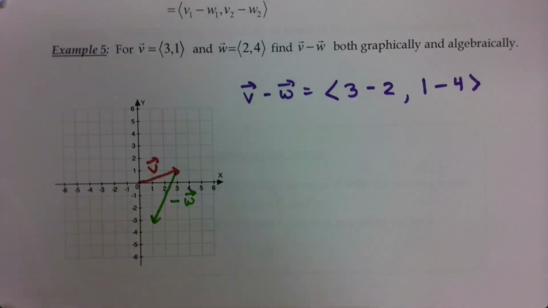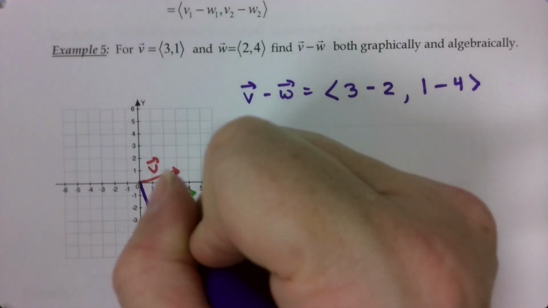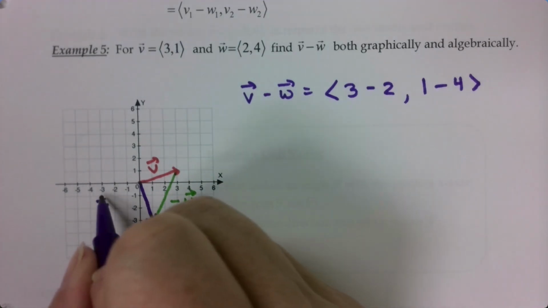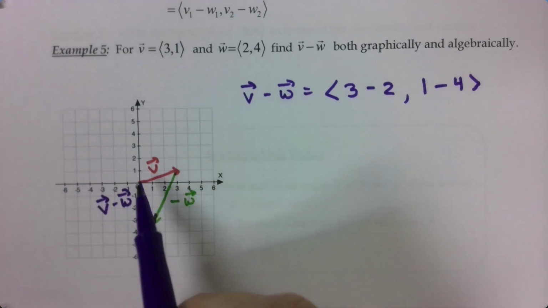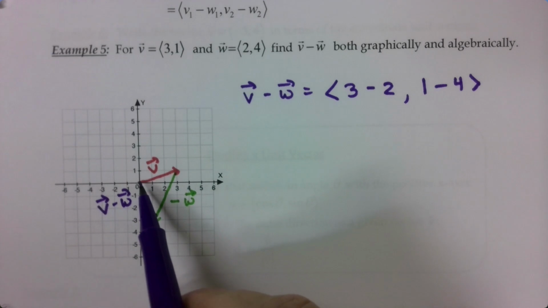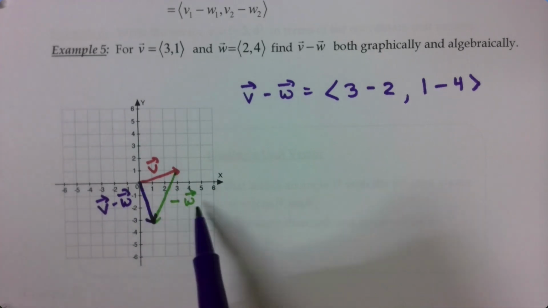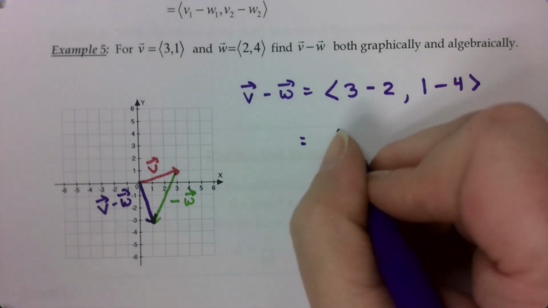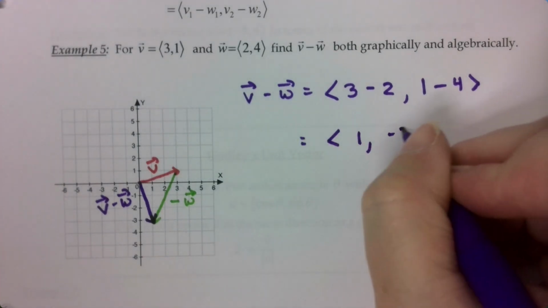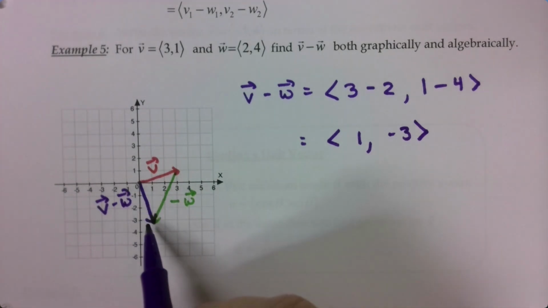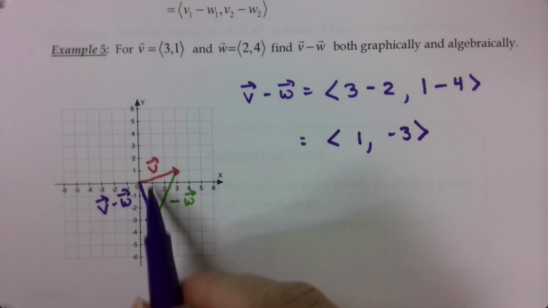And then when I put them together, that gets me this vector, which is v take away w. From the initial point of v to the terminal point of negative w, which is 1, negative 3, which is exactly what I drew. It's over 1, down 3.